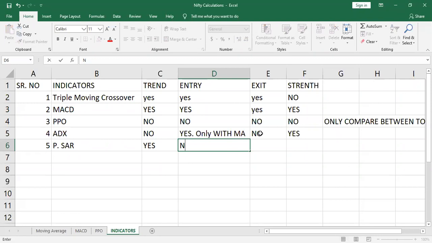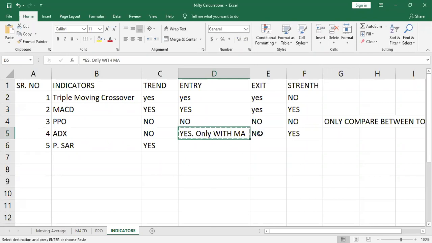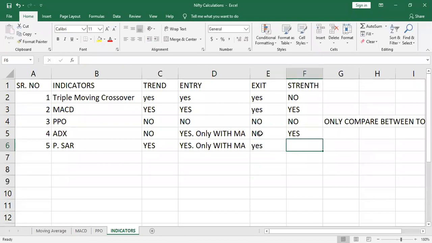The same answer applies, but with the moving average you can find the entry point. Exit point, then yes. The strength of the asset or trend cannot be determined.